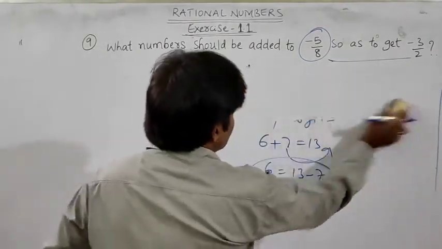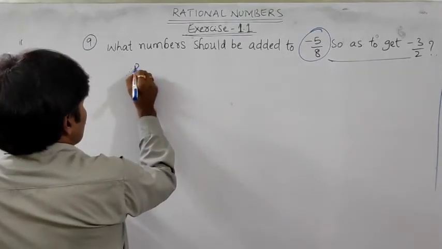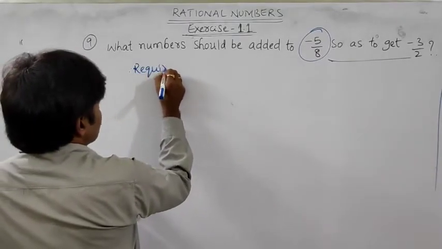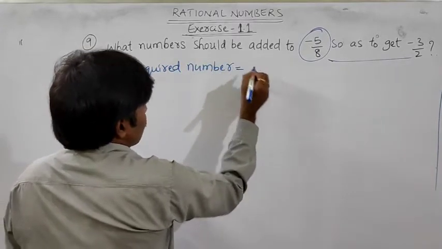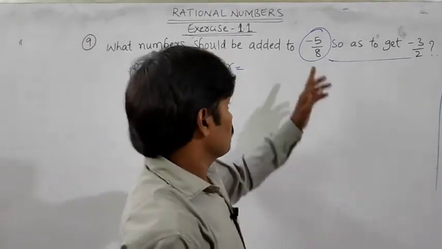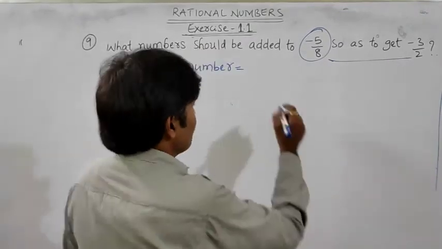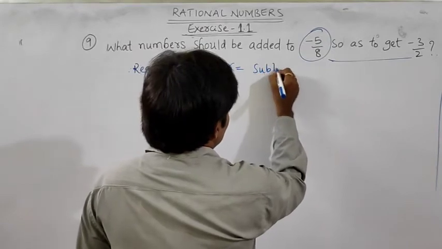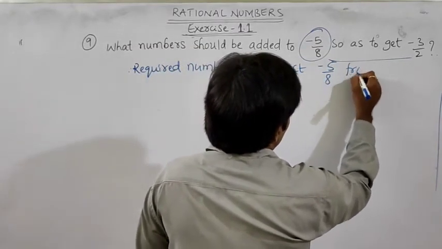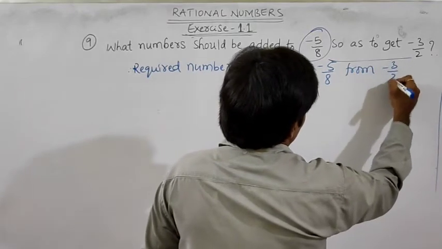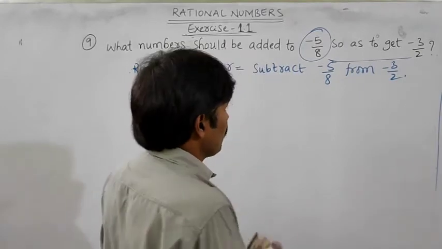Therefore the required number is equal to subtract minus 5 by 8 from minus 3 by 2. Subtract minus 5 by 8 from minus 3 by 2.